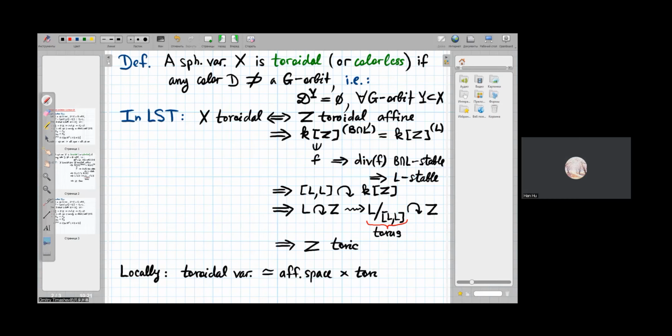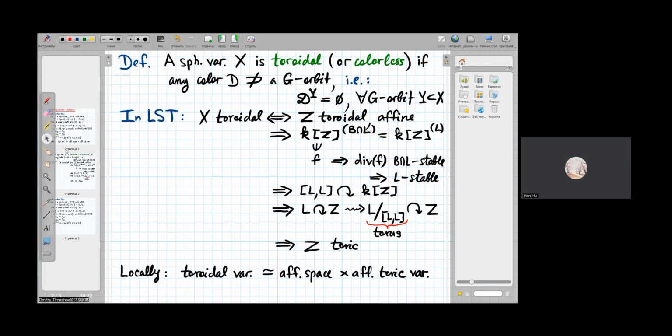Well, an affine toric variety. Isomorphic or bidirectionally equivalent? No, just isomorphic. Locally isomorphic. Locally. Yeah.